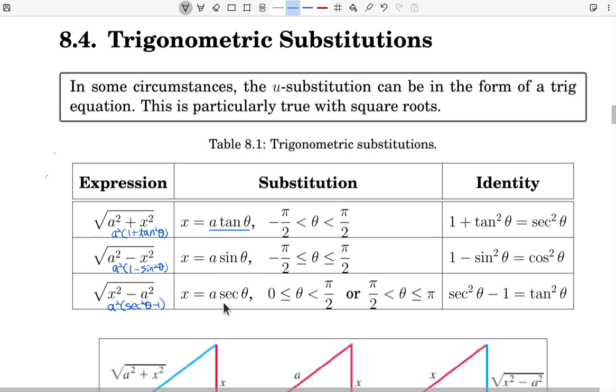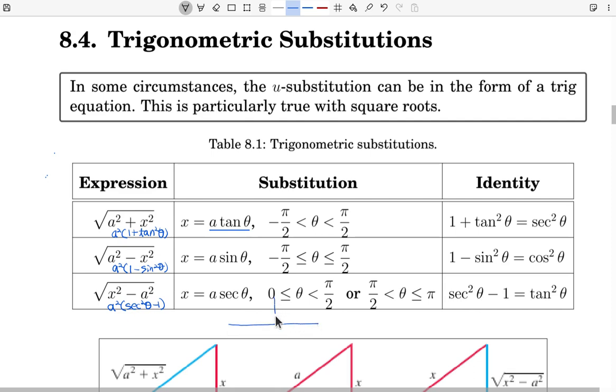That one also must be one-to-one. Of course, tangent theta is one-to-one over here, and sine theta is one-to-one, and secant theta must be one-to-one. Now, secant theta is 1 over cosine theta. Cosine is one-to-one between 0 and pi. Now, its reciprocal has a shape given in this way.